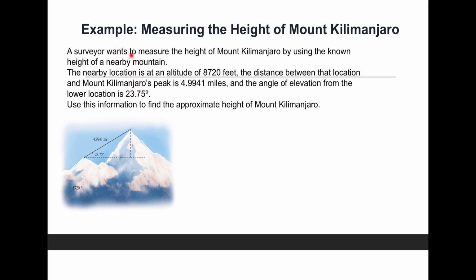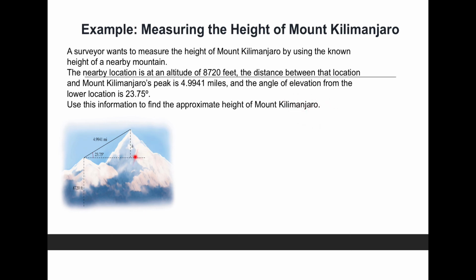So a surveyor wants to measure the height of Mount Kilimanjaro by using the known height of a nearby mountain. The nearby mountain is at an altitude of 8,720 feet. The distance between that location and Mount Kilimanjaro's peak is 4.9941 miles. And the angle of elevation from the lower location is 23.75. Use this information to find the approximate height of Mount Kilimanjaro.